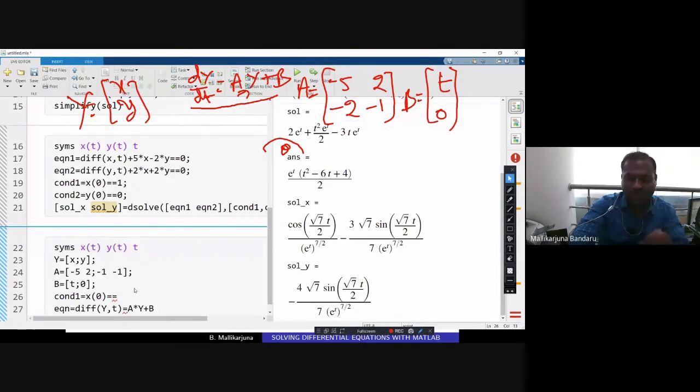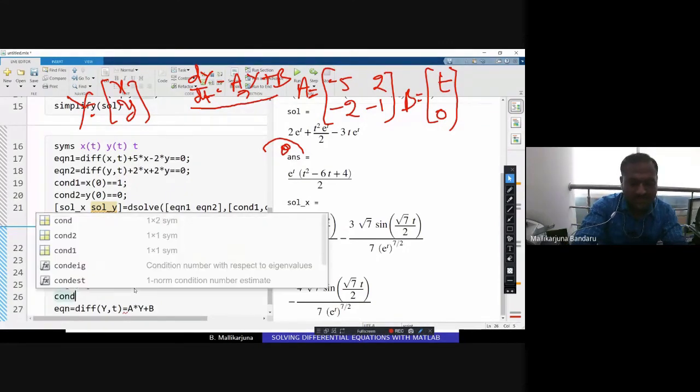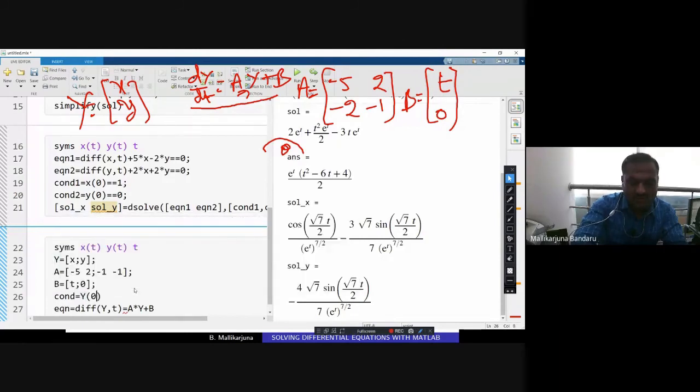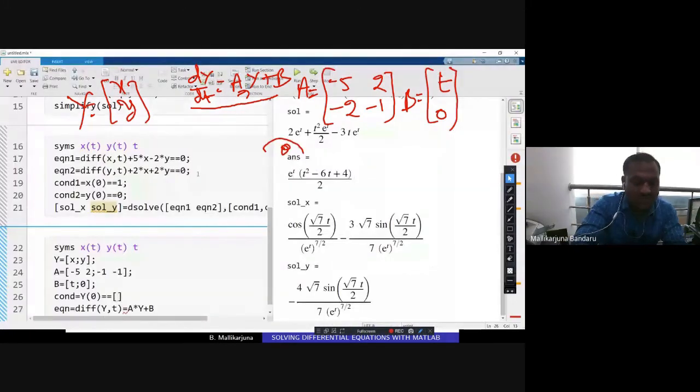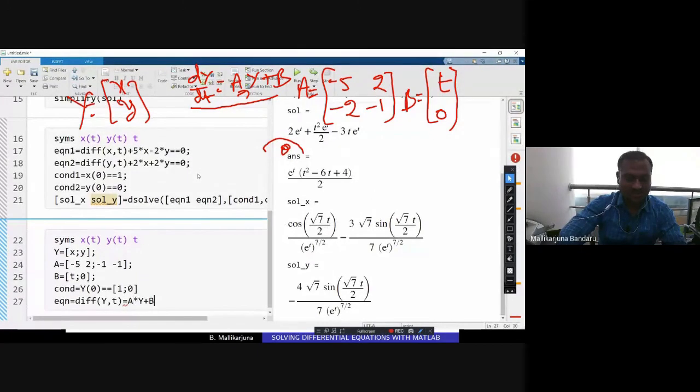We are defining a new variable. The condition is y of 0 is equal to 0 and 0, for 0 and 0, 1 0. Now this is clear. Sorry, let me take double equal to here.